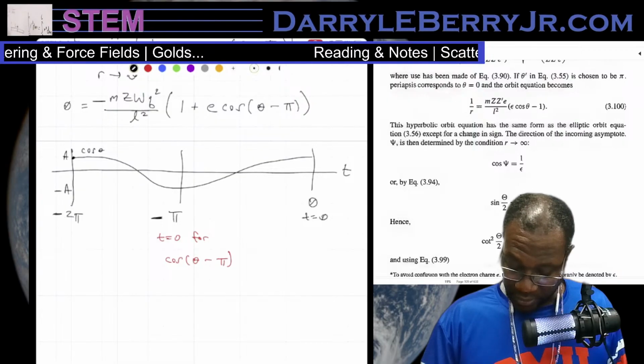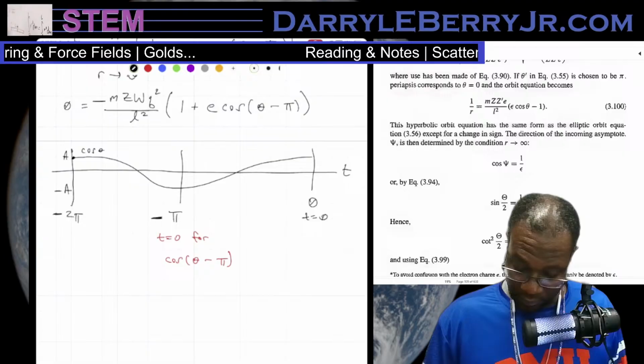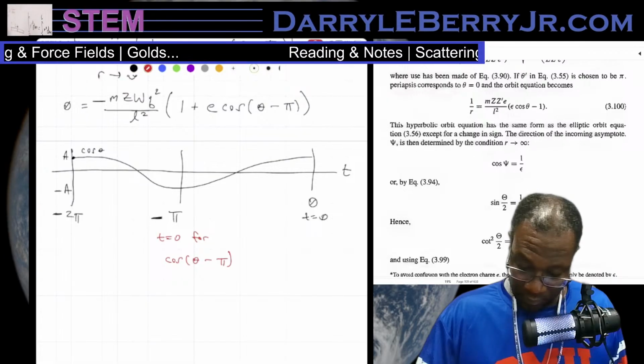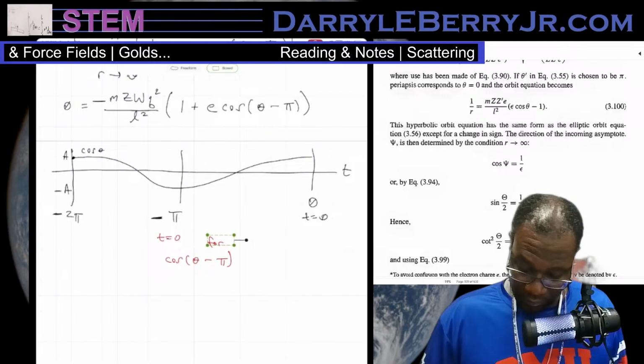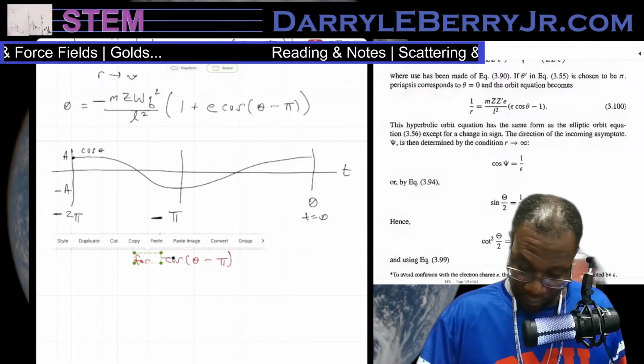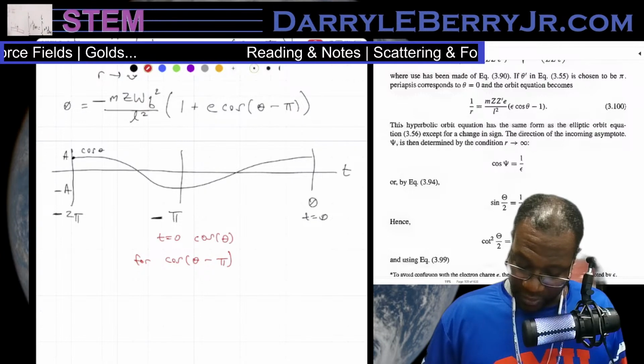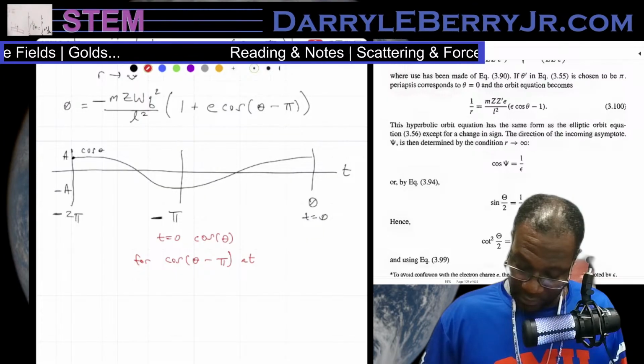Maybe I wrote this incorrectly. Cosine theta for cosine theta plus 1 at t equals 0.